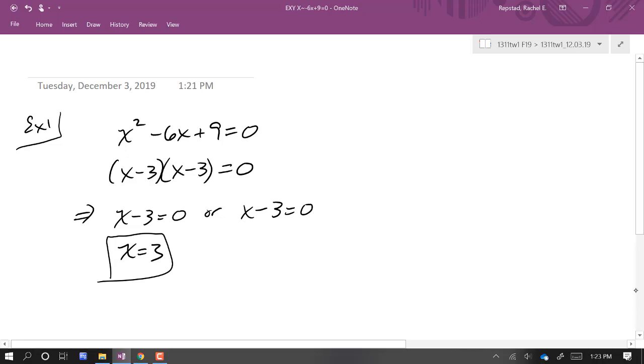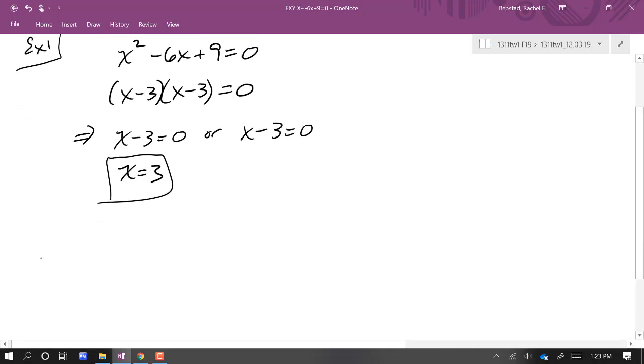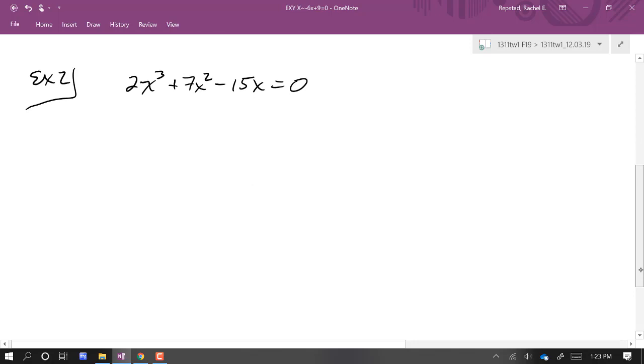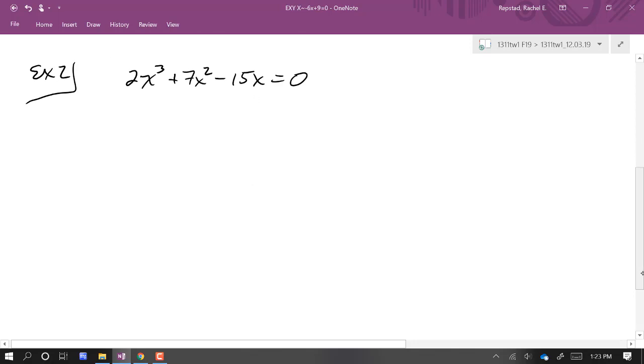In the second equation, let's notice something first. That equation is not quadratic. Why is it not quadratic? Yeah, x squared is not the highest power.